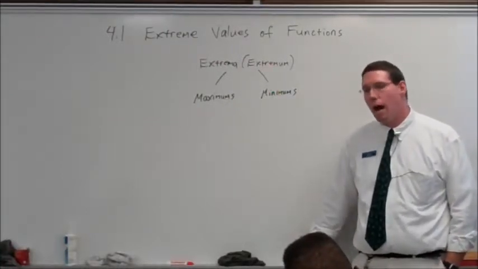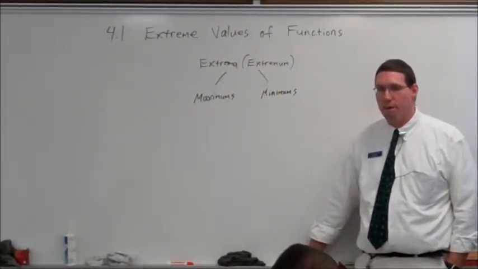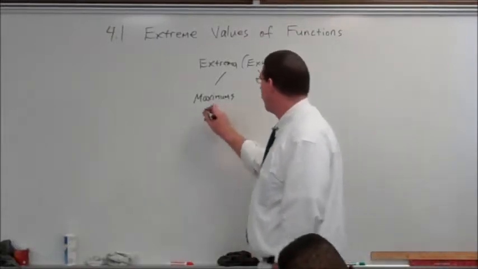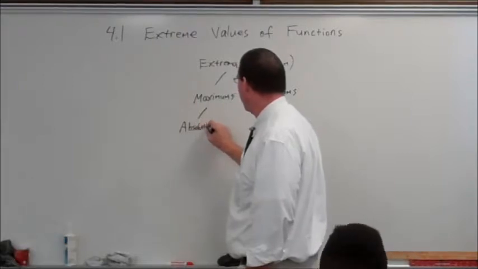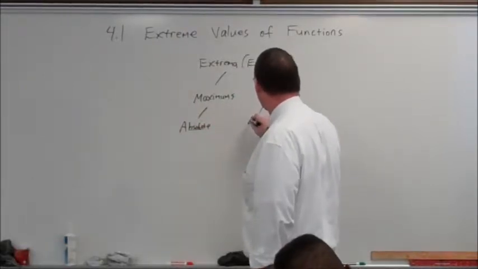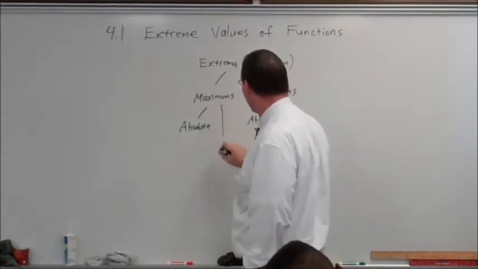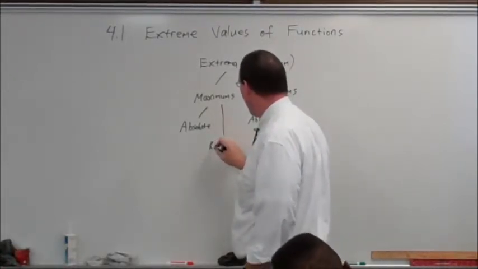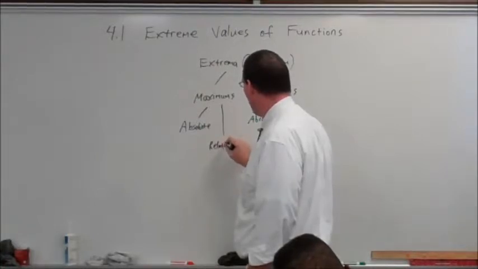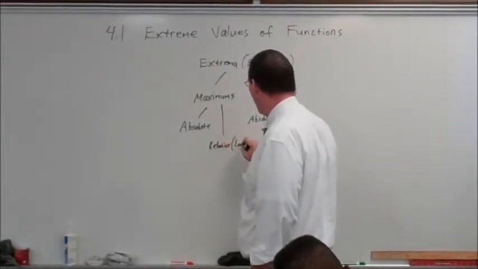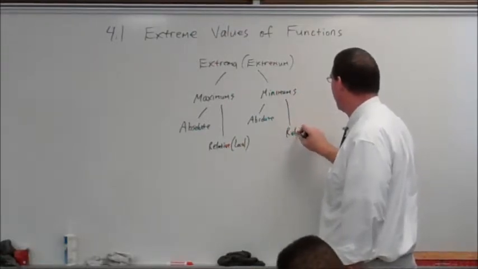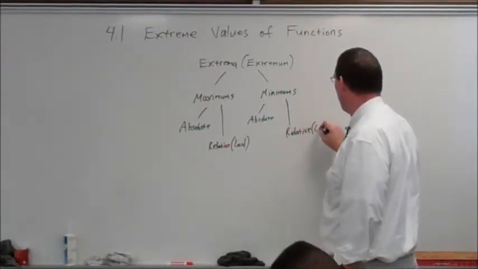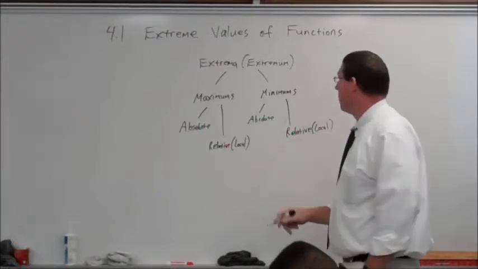Now there are two kinds of maximums and two kinds of minimums. There are absolute maximums, there are absolute minimums, and then there are what are referred to as relative or local maximums and relative or local minimums.